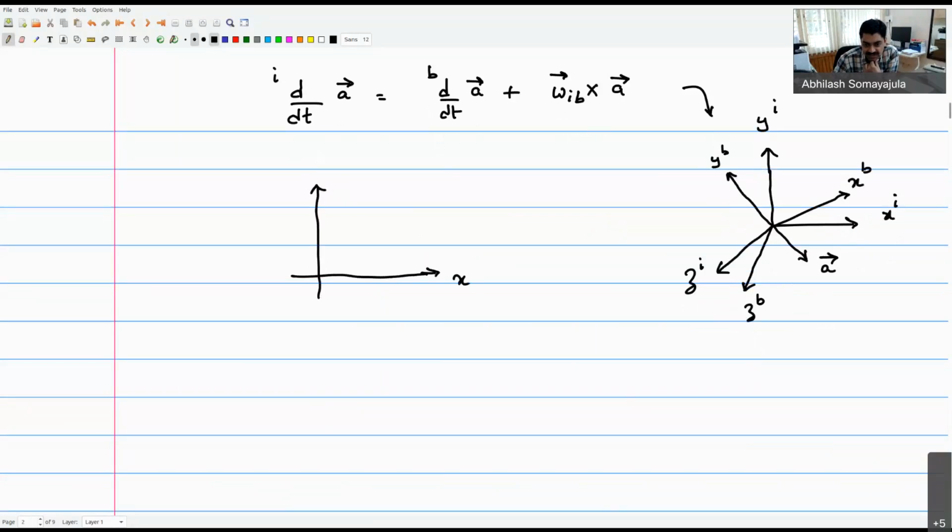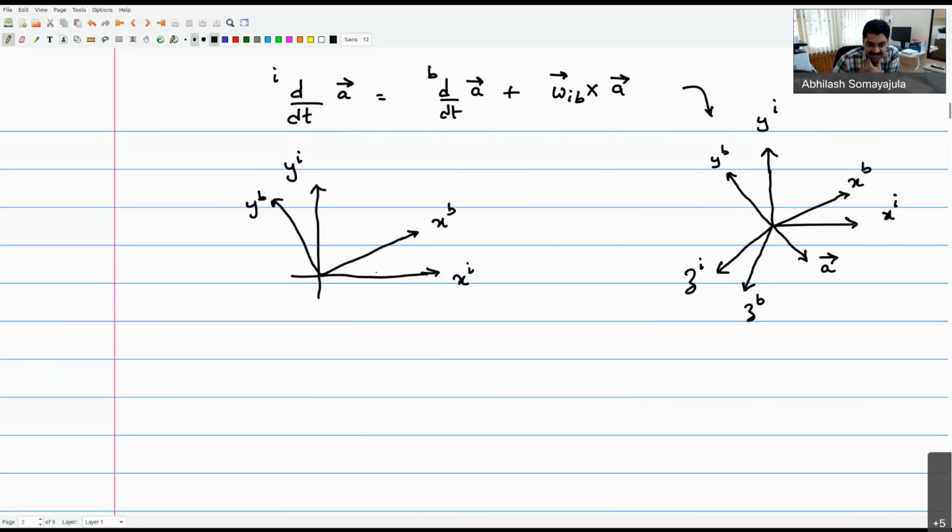Okay, so let's say I have xi, yi. So zi will be pointing which way? Out of the screen. It will be pointing out of the screen, right? Correct. And then suppose my xb is looking something like this, and then yb is looking something like this.